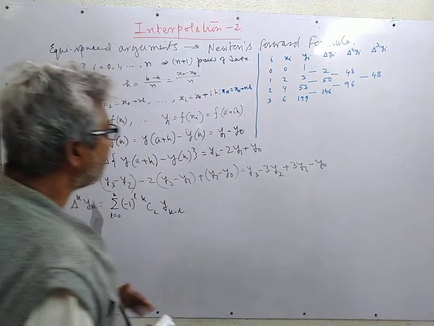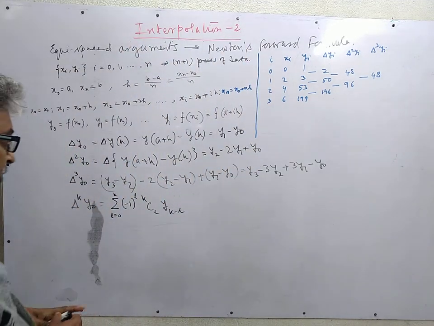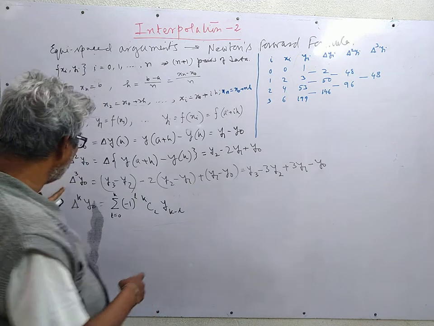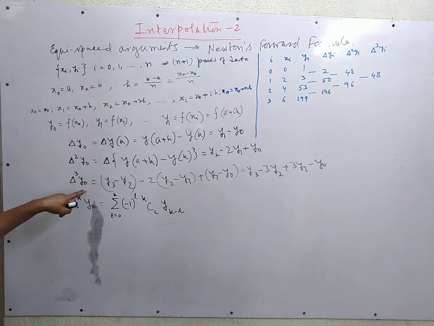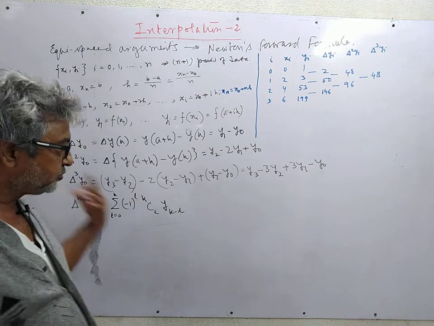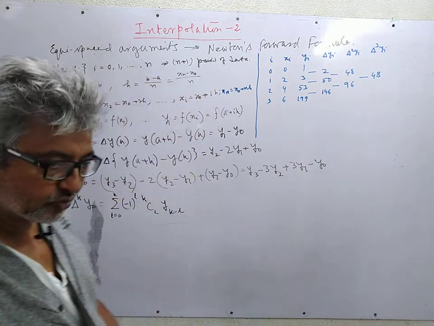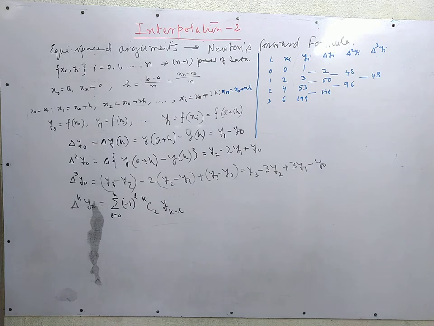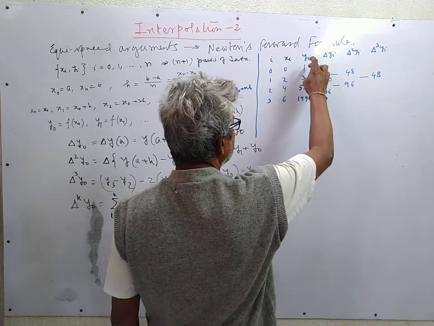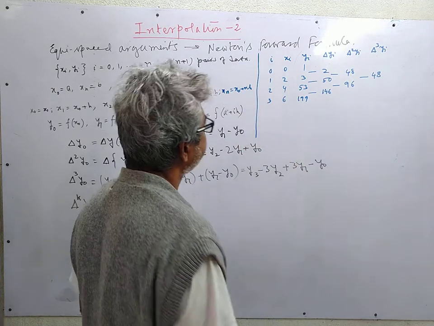So as we have four values of x available, we can calculate at most delta 3 of y0. Delta 4 of y0 or higher order differences we cannot calculate because they require information about y4, y5 and so on, which are not available. And the corresponding y values are given in this table.